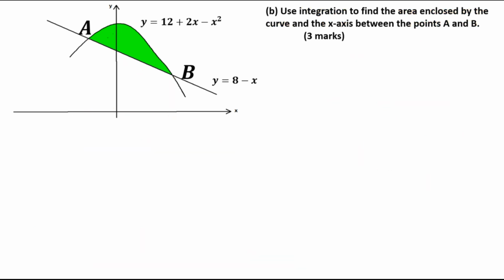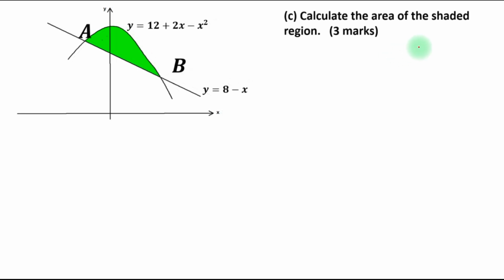Then part C of the question, calculate the area of the shaded region. So in our case, we need to find the area of this shaded region, and that is the area shaded in green color. So for us to get the area of the shaded region, allow me to project this. I just draw this part here where x is -1 and here x is 4.